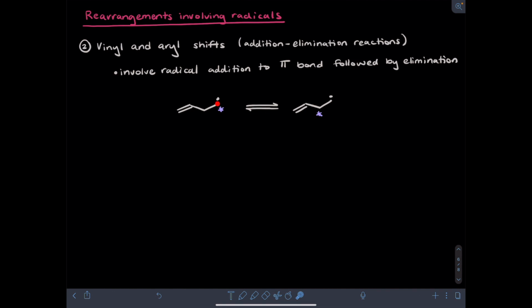So if you labeled this radical position with a carbon-13 group, what you would observe is carbon-13 scrambling in both this radical position as well as the CH2 position adjacent to it. In order to scramble these 2 positions, this carbon radical is going to add to the alkene to generate a 3-membered ring temporarily.